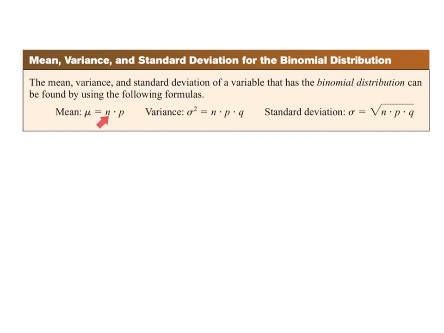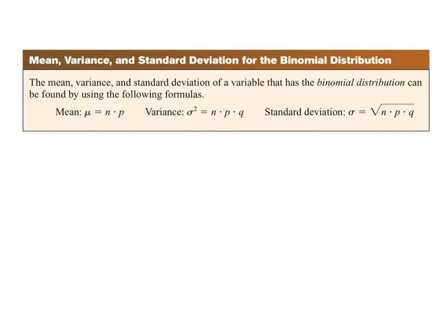The mean is just n times p, the number of trials times the probability. It's pretty similar to what we were doing before, where we had the outcome times the probability. In this case, we have the number of trials times the probability. Variance is the number of trials times the probability of success times the probability of failure. That gives us the variance, and then for standard deviation, we just square root that.